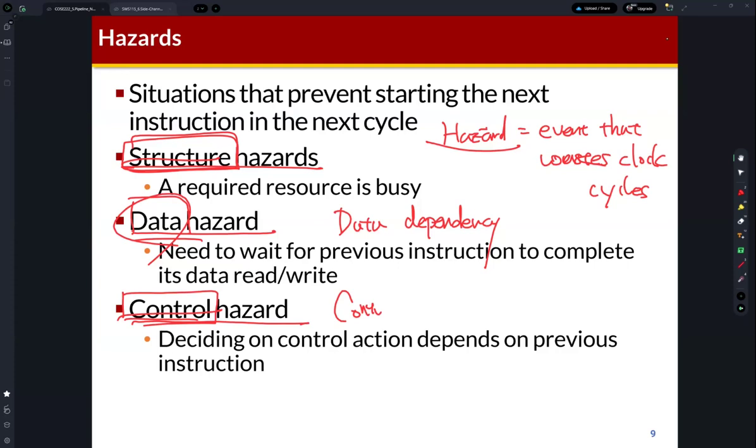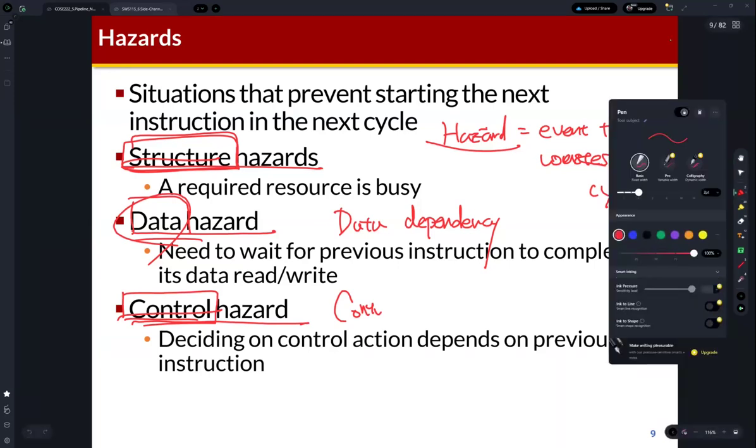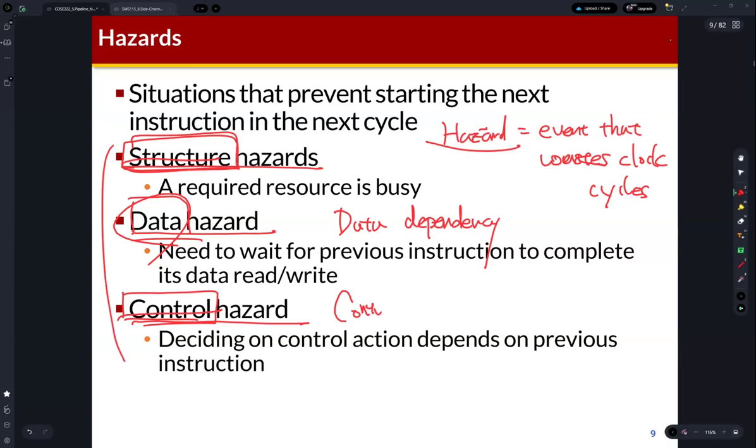Based on the reasons, we can classify hazards into three different types: structure hazard, data hazard, and control hazard. I briefly explained the definition of these three types.